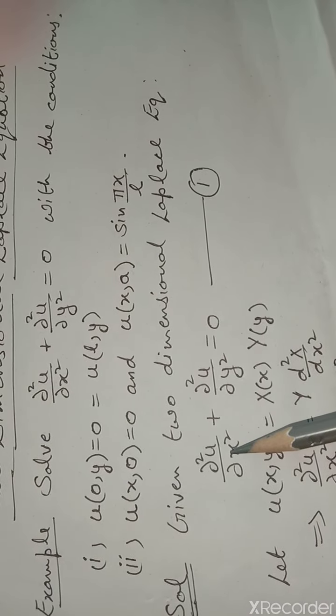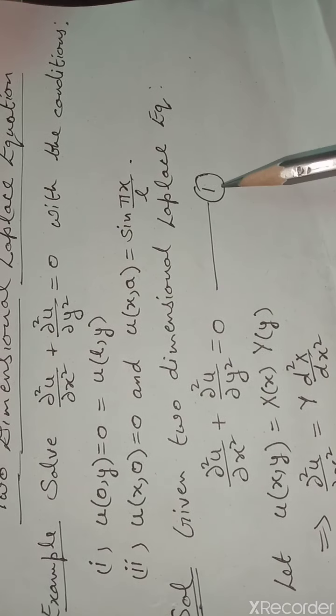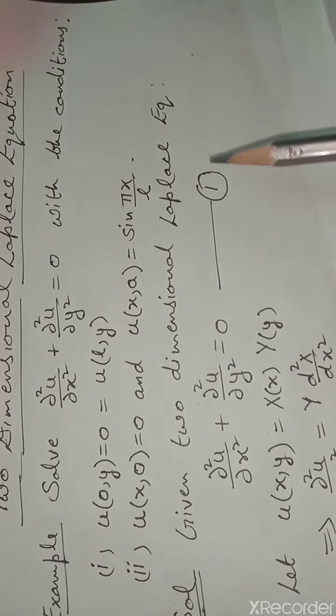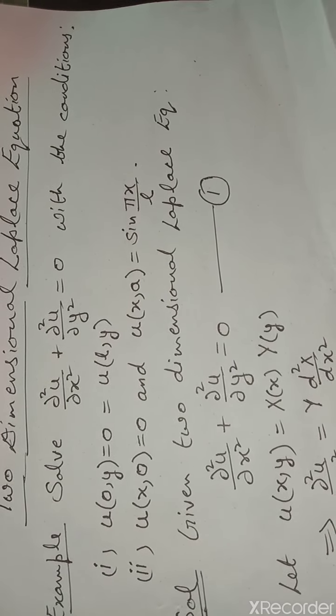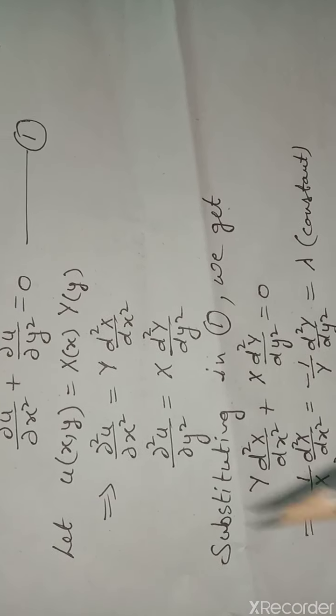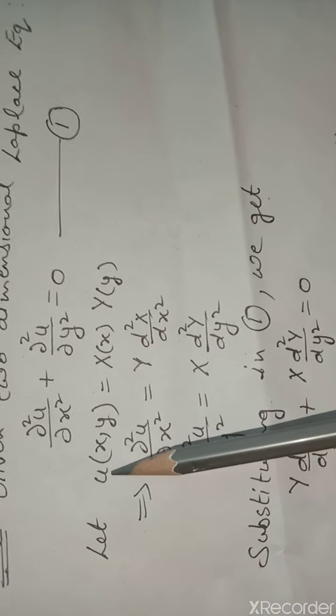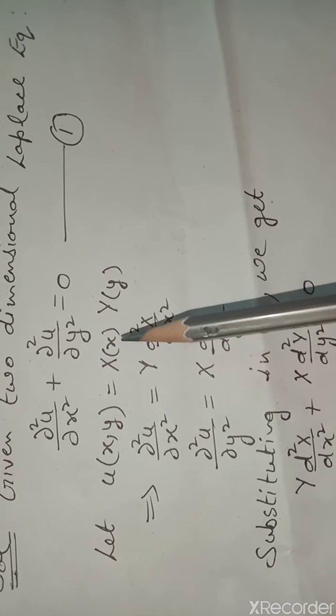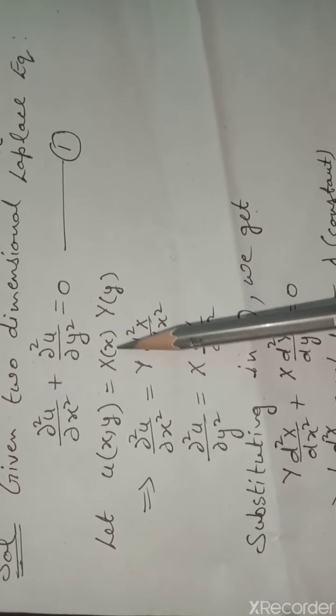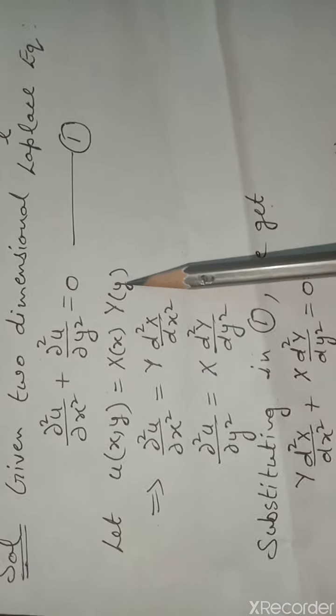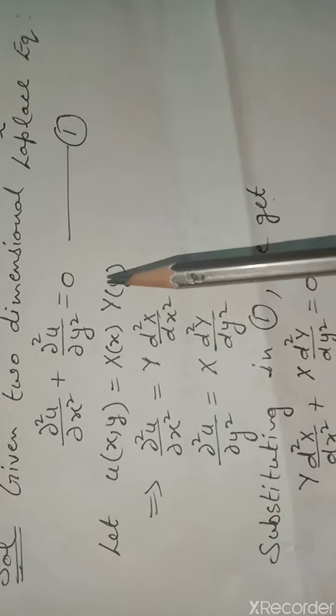So we have two-dimensional Laplace equation and we call it number 1. So as usual, we want to solve this Laplace equation by method of variation of parameter. So we take u as the product of two functions, one as a function of x only and another one is a function of y only.